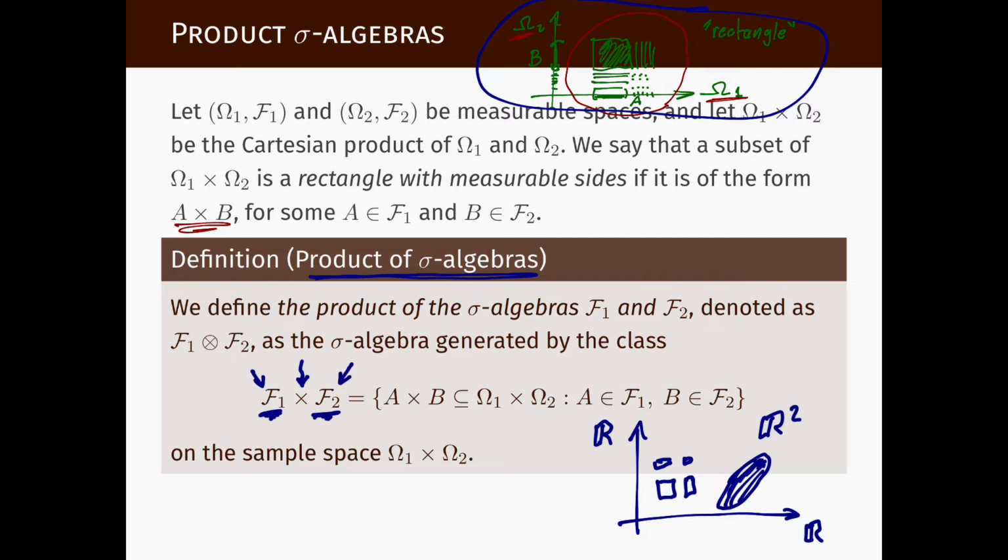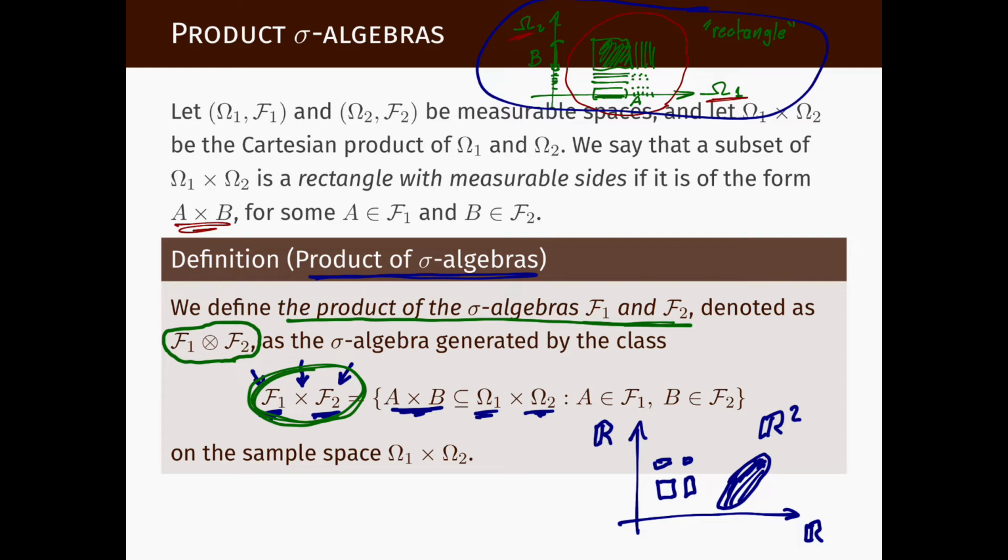So it's the family of Cartesian products of measurable subsets of each of these sample spaces. And this different cross, the cross with a circle, is called the product sigma algebra. It is the sigma algebra generated by this class.